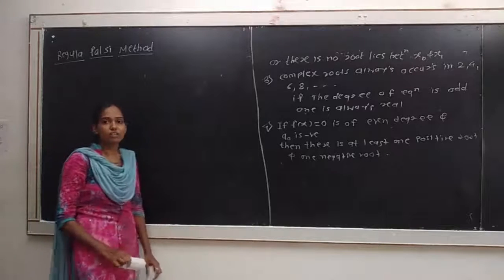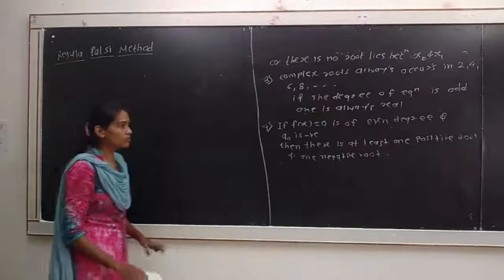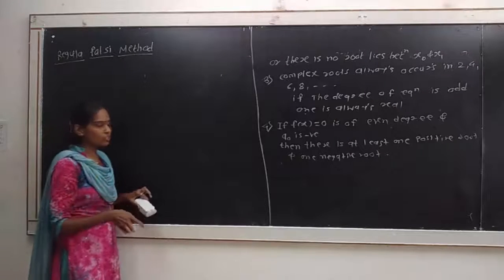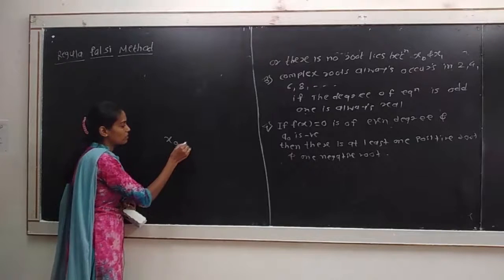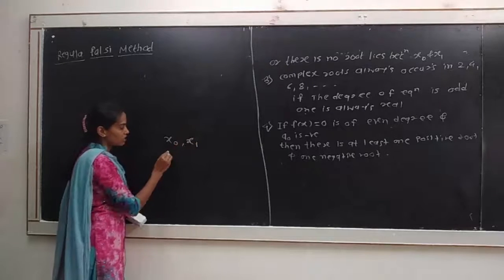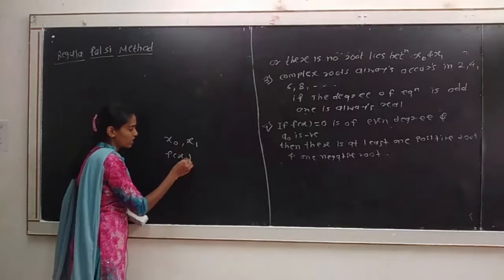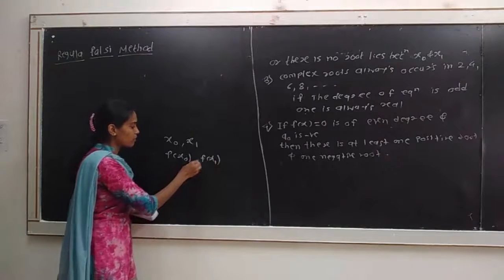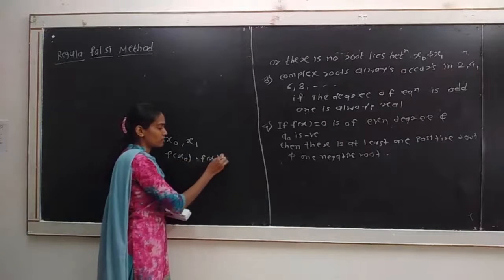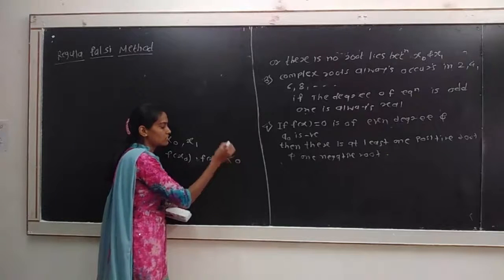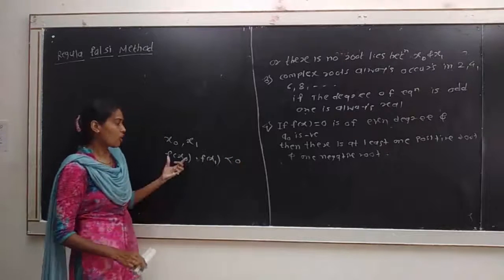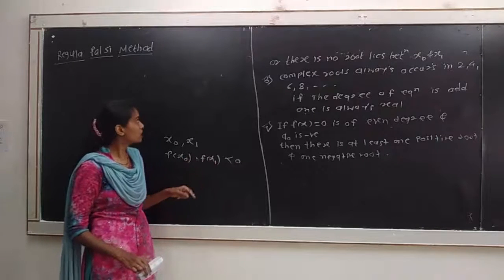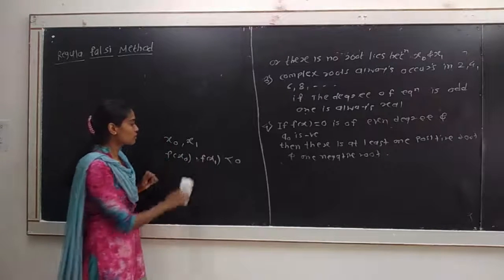Here we use the first rule for location of roots: first we search for two points x0 and x1, that is, two real numbers. Then we find the value of the function at those points, f of x0 and f of x1. If their product, f of x0 into f of x1, is less than 0, then an odd number of roots lie between x0 and x1. We use that rule to search for the first two points.